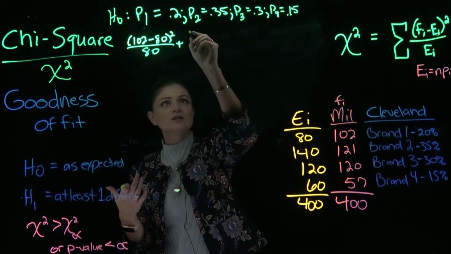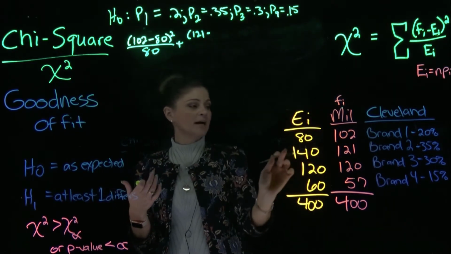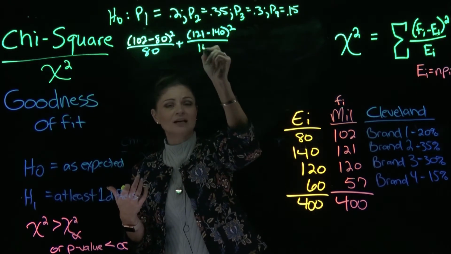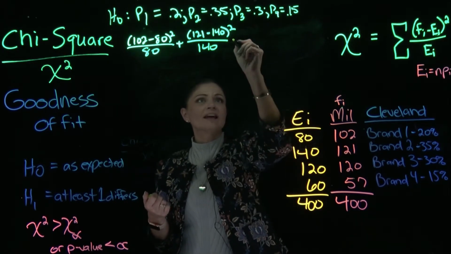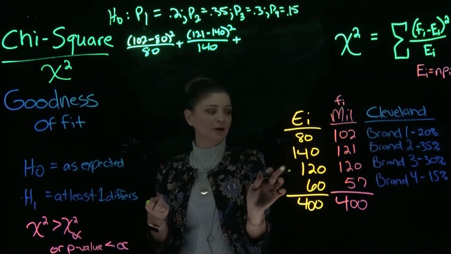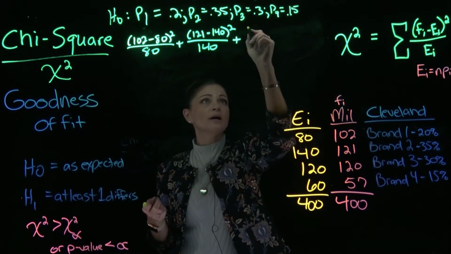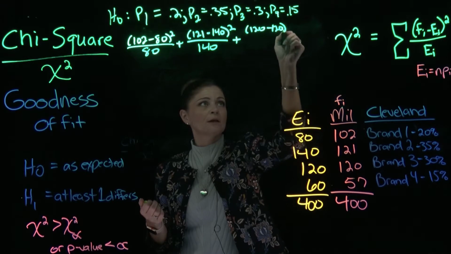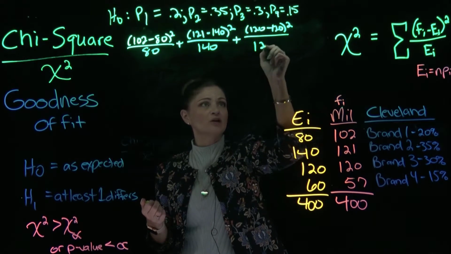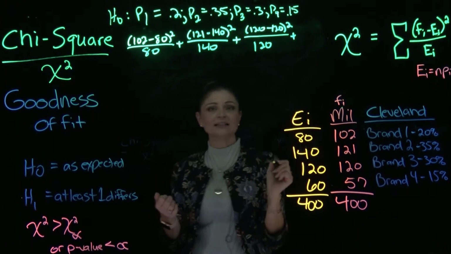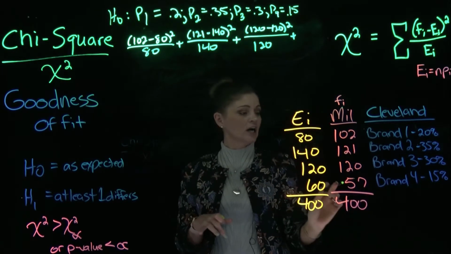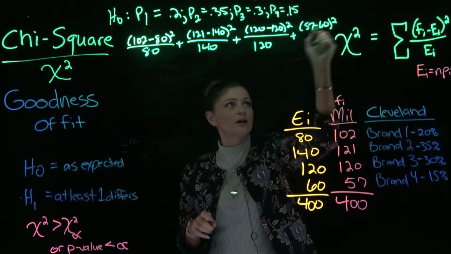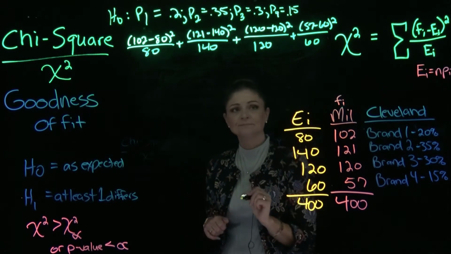So the next one is going to be 121 minus 140 squared divided by 140. We're going to then add that to our third brand, which is going to be 120 minus 120 squared over 120. And last but not least, we're going to add that to our fourth brand, which is 57 minus 60 squared over 60.